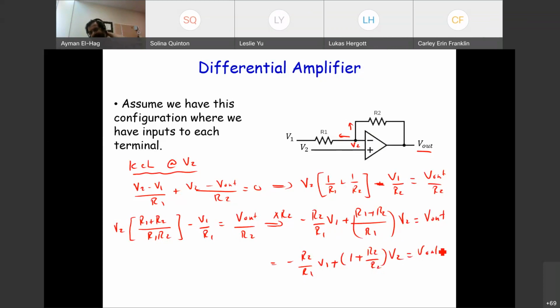So actually, we didn't get our objective yet. Why? Because V1 and V2 are multiplied by different factors, not the same factor.